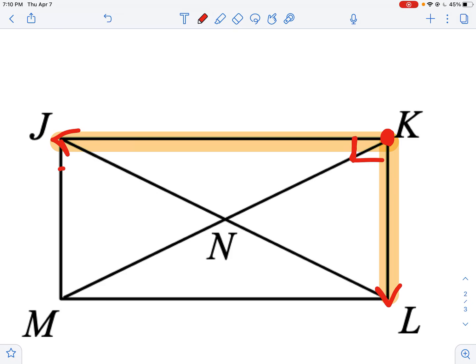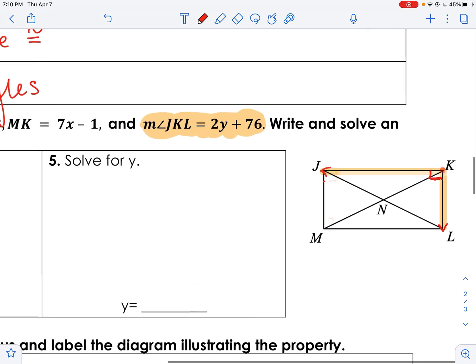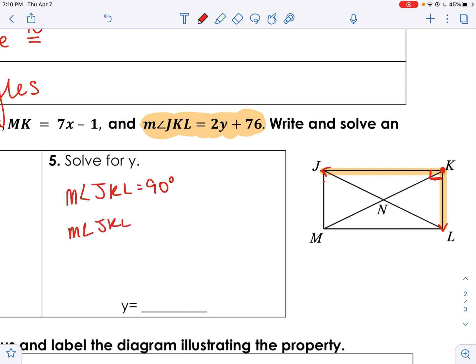And what is this angle measure? Well, if it's a rectangle, it should be 90 degrees. So the measure of angle JKL should be 90 degrees if that's truly a rectangle. It also says that the measure of JKL equals 2y plus 76.